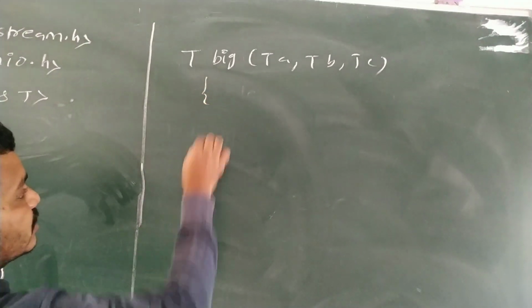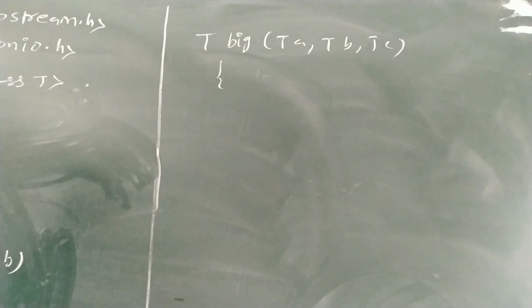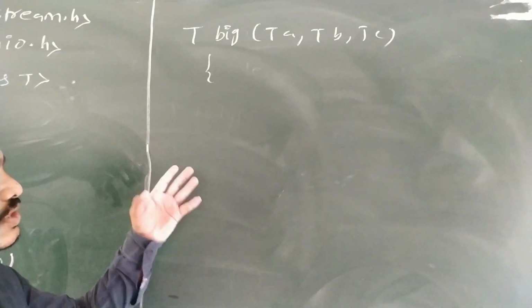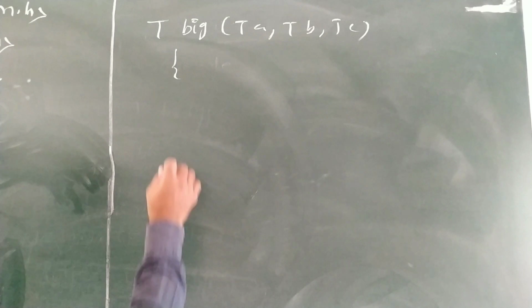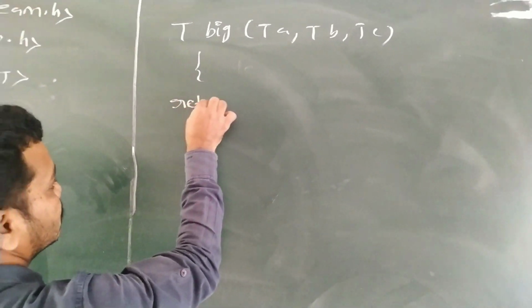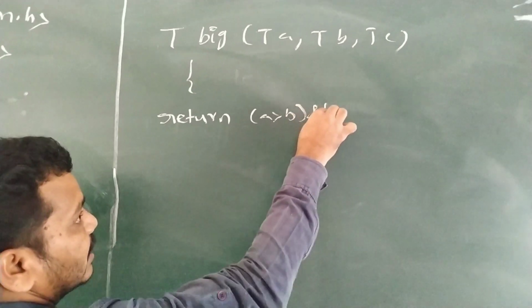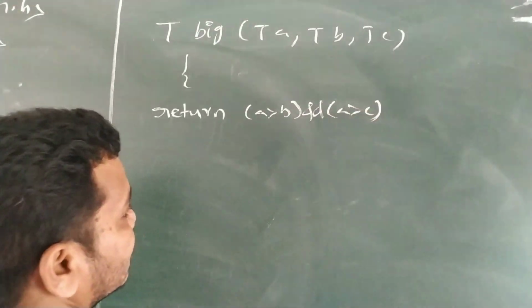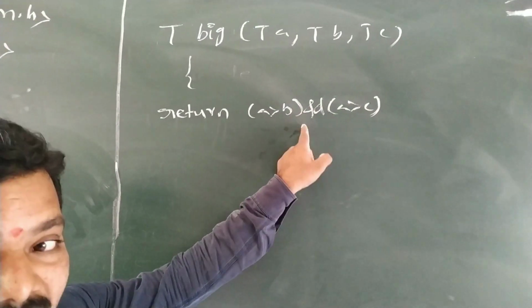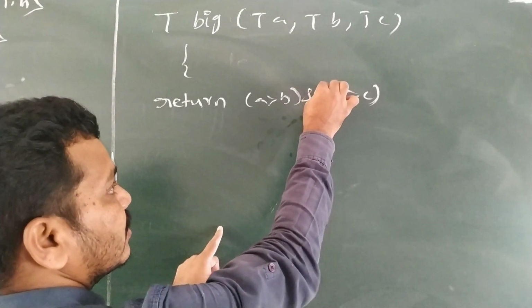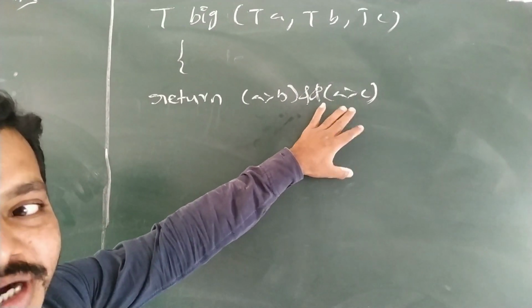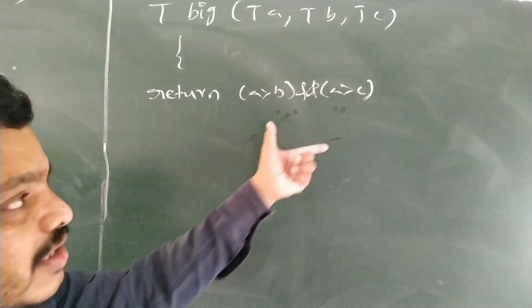Next I am going to use one more function, T big of three variables, T a, T b, T c. I am going to find the largest value among three values: return a greater than b and a greater than c. If a greater than b and a greater than c, then by default a is the largest value.